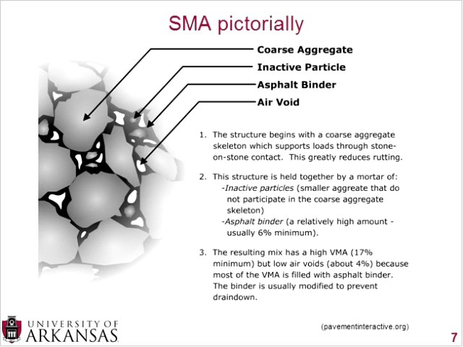This stone-to-stone contact reduces rutting. The structure is held together by mortar, and the mortar is both the inactive particles, which are the smaller aggregates that do not participate in the stone-to-stone contact, and the asphalt binder, usually a relatively high amount, around 6%, mixed with that P200, which gives you your asphalt mastic.